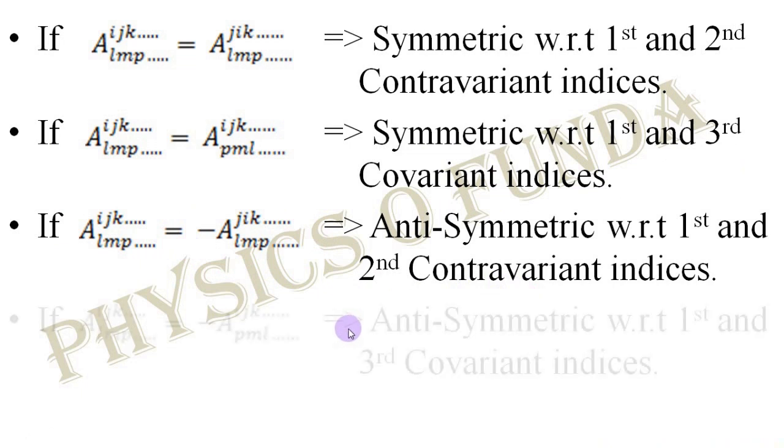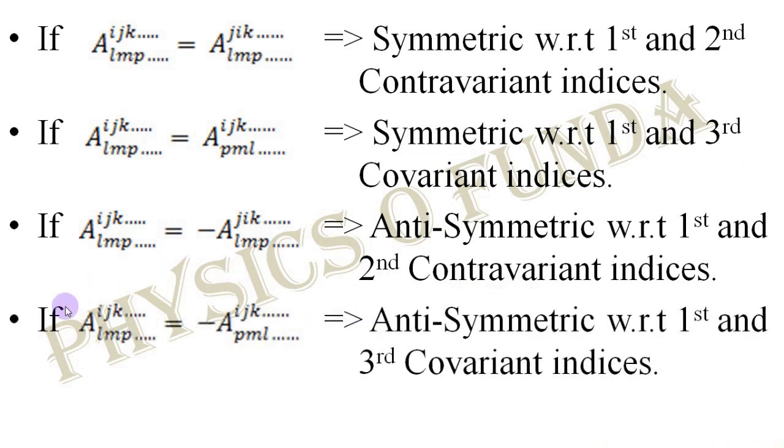Likewise, in the next equation, if we swap the first and third covariant indices, then we get the same tensor with a negative sign. Then this is antisymmetric tensor with respect to first and third covariant indices. These are the generalized definitions of symmetric and antisymmetric tensors.